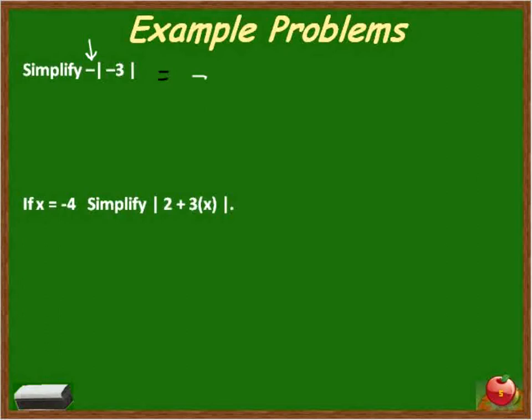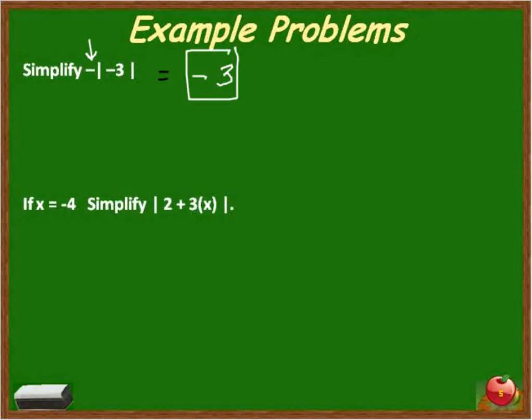So the absolute value of -3 is the distance from -3 to 0 on the number line. And that's going to be a positive distance of 3. So when I take the absolute value of -3, I get a positive 3. But my answer ends up being a -3 because of this negative out front. So it's saying take the opposite or negative of the absolute value of -3. So I get -3 as an answer.